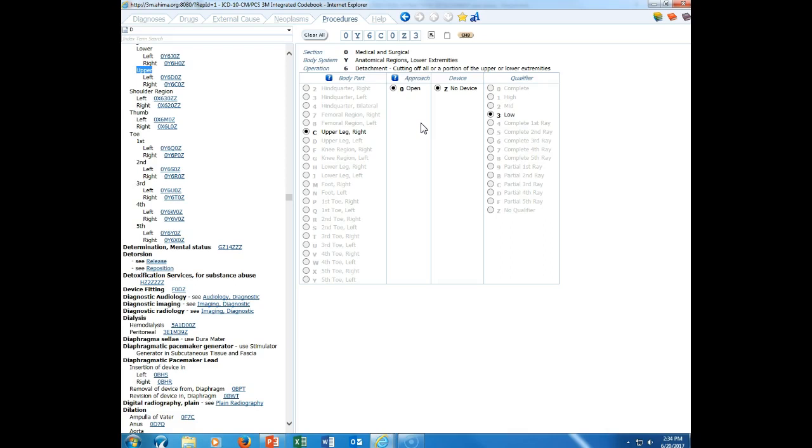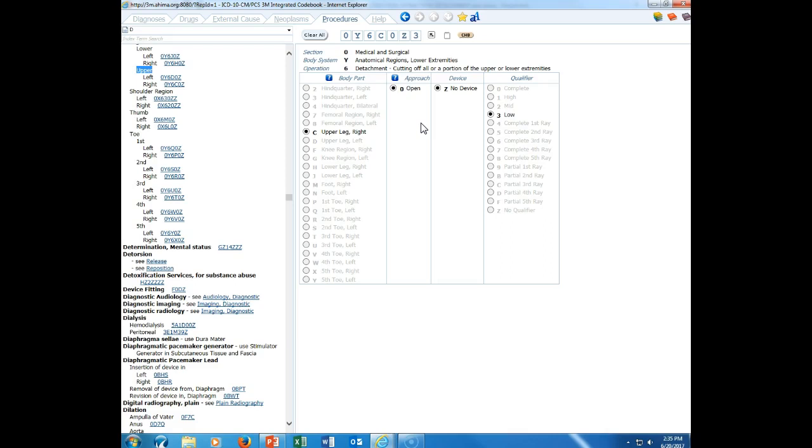And pulse lavage is basically water shooting out of a flexible tube, and the therapist actually takes this tube and puts it right to the area that they want to debride, and they use the force of water to remove that devitalized tissue. And so that meets the definition for extraction because they're using force to remove that tissue.